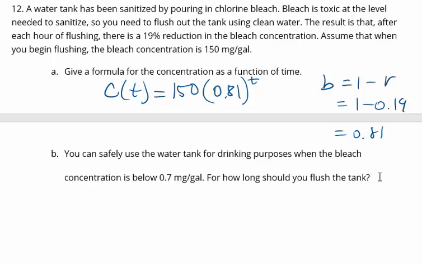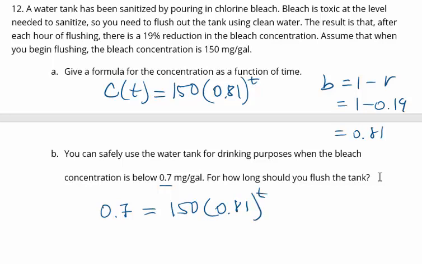Okay, in part B, it says you can safely use the water tank for drinking purposes when the bleach concentration is below 0.7 milligrams per gallon. So how long should you flush the tank? Okay, so we have a concentration that's given, this 0.7, and just substitute it into the formula.